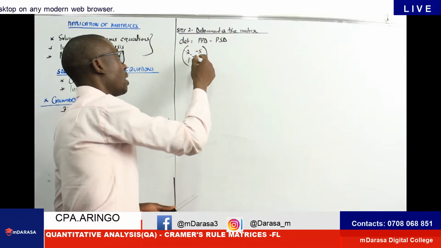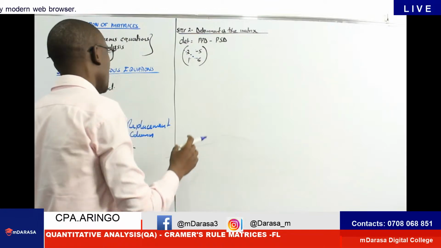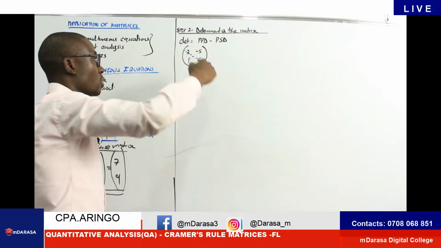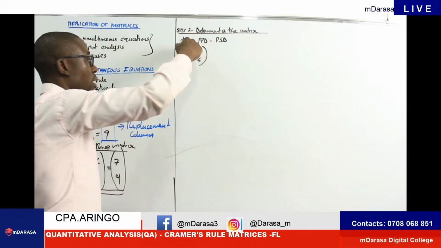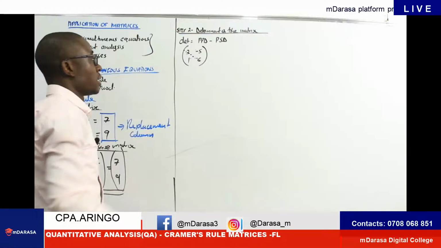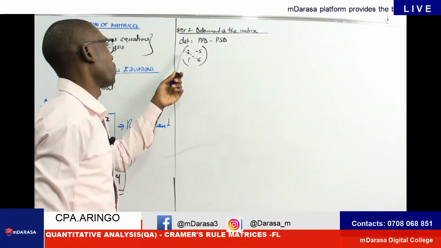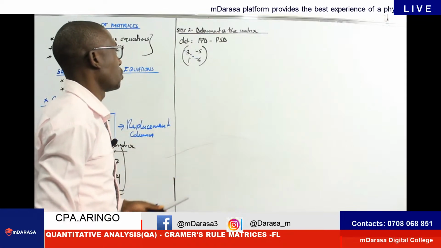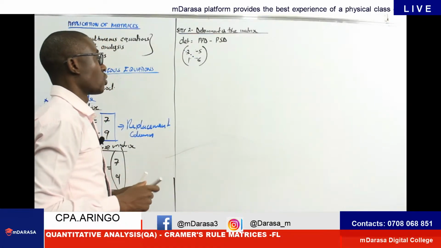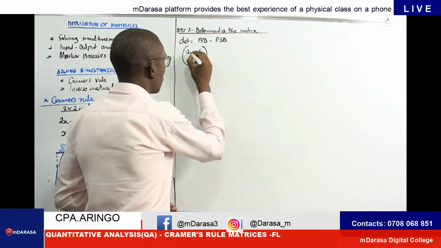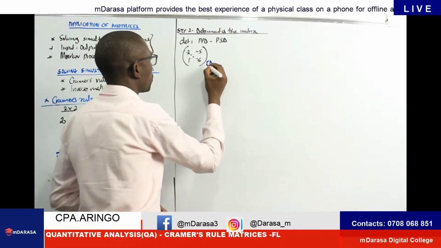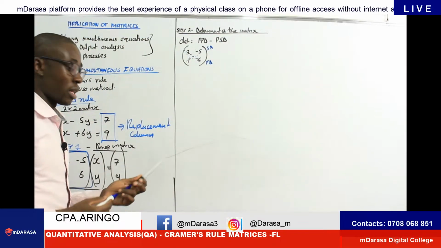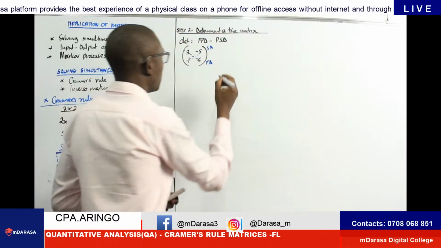We start from our first element of our matrix, going from the top left to the bottom right. Any figure that lies in between gives us our primary diagonal, and the other one gives us our secondary diagonal. So at this point, you can confidently determine our determinant.